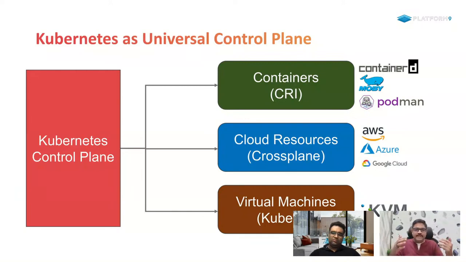Now, how Kubernetes is evolving to become the universal control plane is by bringing all these three silos under its fold. There is a technology which has become very popular, and there are a lot of contributors, a lot of consumers, and a lot of enthusiasts contributing to this project, and that is called Kubevirt. What Kubevirt does is it basically brings virtual machines into the Kubernetes fold.